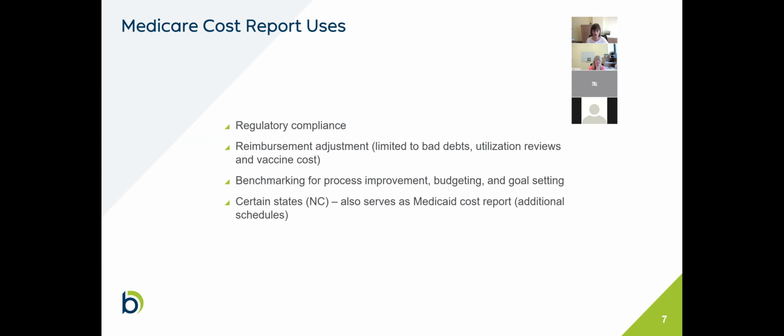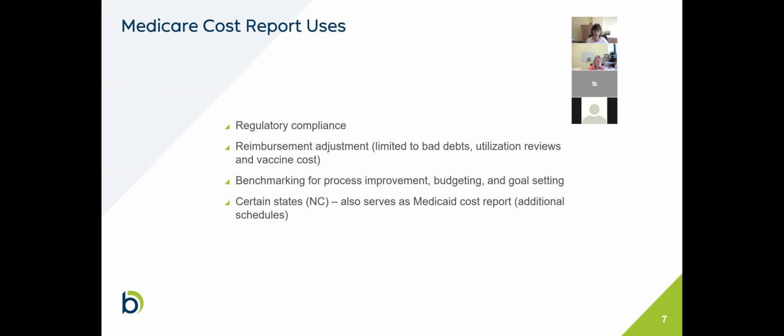Another good reason is that there are some limited opportunities to collect additional funds from Medicare because there's some reimbursement adjustment. It is related to bad debts, and for some facilities, it is quite a significant chunk of cash.